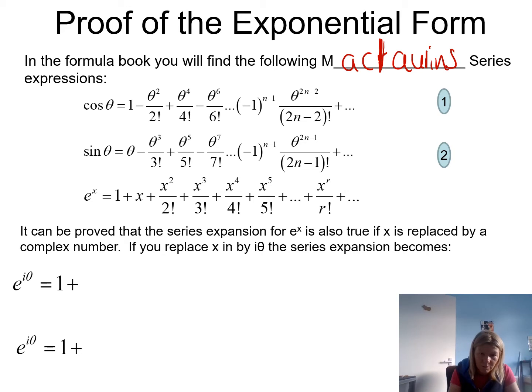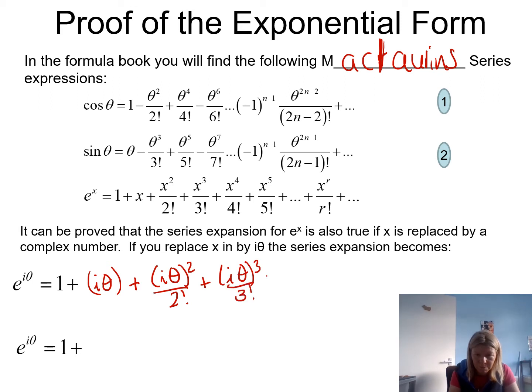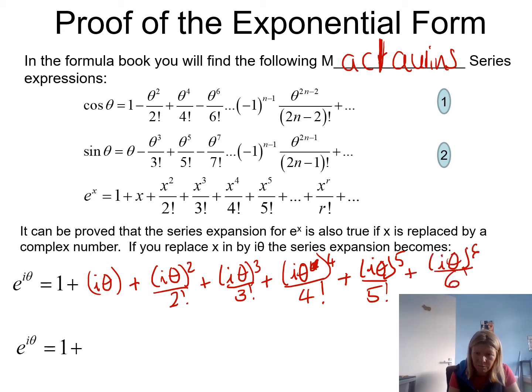So we've got i theta, then plus i theta squared over 2 factorial, plus i theta cubed over 3 factorial, plus i theta to the 4 over 4 factorial, plus i theta to the 5 over 5 factorial, plus i theta to the power 6 over 6 factorial.